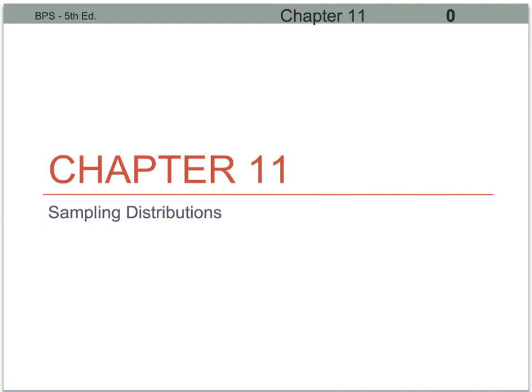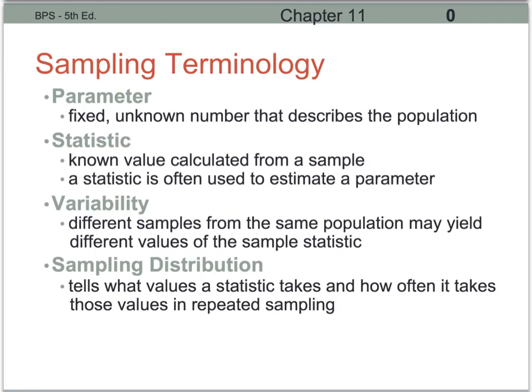In this video, we're going to talk about sampling distributions. So we need to know a little bit of terminology to be able to do this, some vocabulary words for you. A parameter is a fixed and unknown number that describes the population.